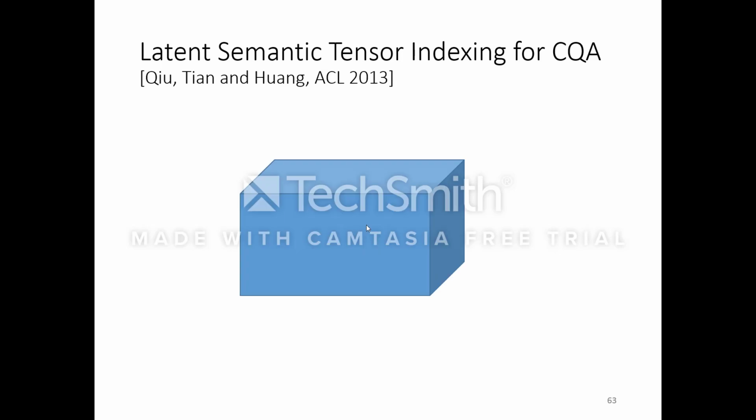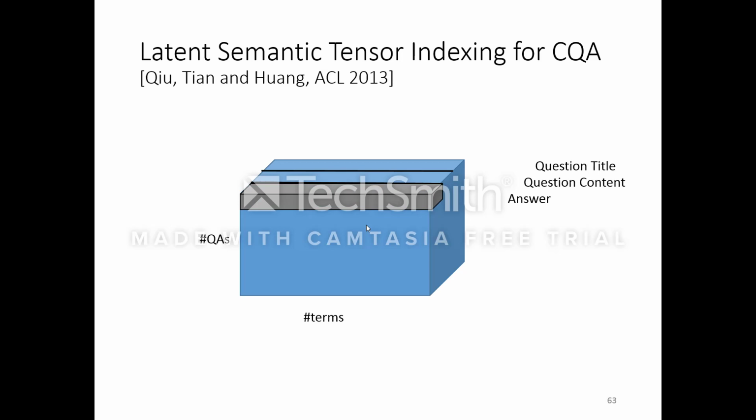Okay, so they want to have a tensor, and this tensor is built as follows. There is the number of QAs on one side of the tensor, and the number of terms on the other side. As we said, there are three parts to every CQA: a question title, a question detail or content, and the answer.